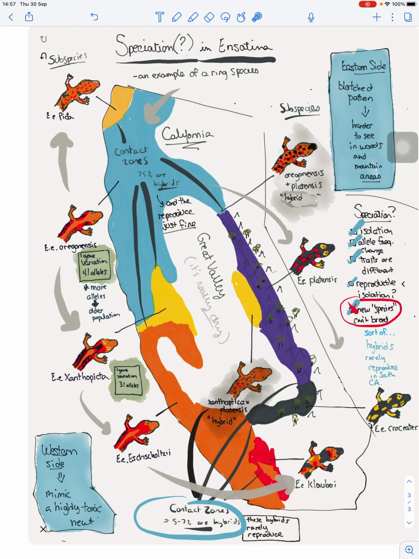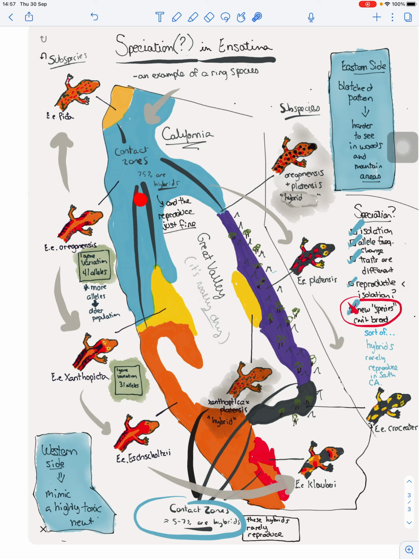So scientists have studied this. We did this in class to a certain extent, if you were here. And I'm going to add a few more bits here, okay? So looking at kind of up here, where there's lots of overlap between Picta and the Oregon version of these two salamanders, 75% are hybrids. So they're a combination of these two, okay? So here it is, the hybrid here, right?